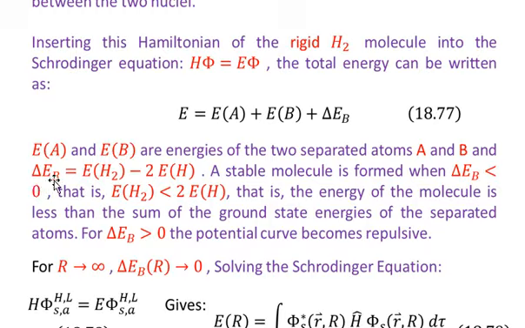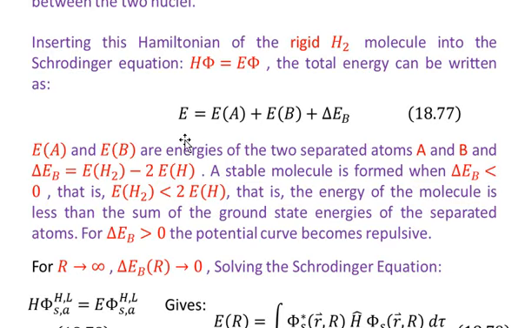And you know that this delta EB is also obvious if you replace E of A by E of H and E of B by E of H. Then E of H due to A and E of H due to B will combine together and give you 2 times E of H. And the E on the left hand side is actually the energy of the hydrogen molecule, which can be written as E of H2.